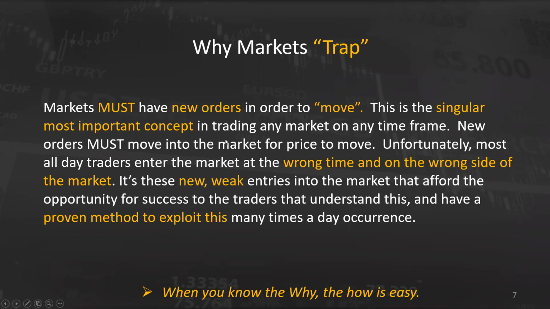Okay, it's the singular most important concept in trading any market on any time frame. Okay, that's two things today that are just so very basic in trading. This is one. Okay, new orders have got to come into the market, and they have to continue to move for the market to move.